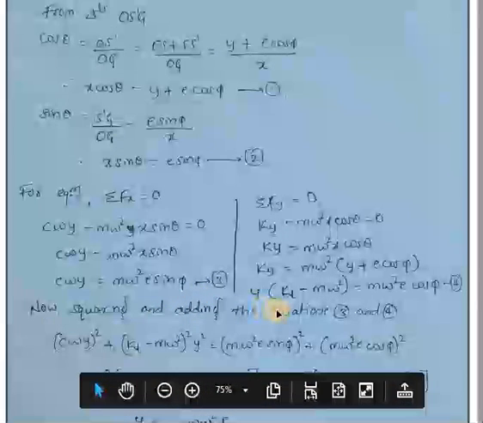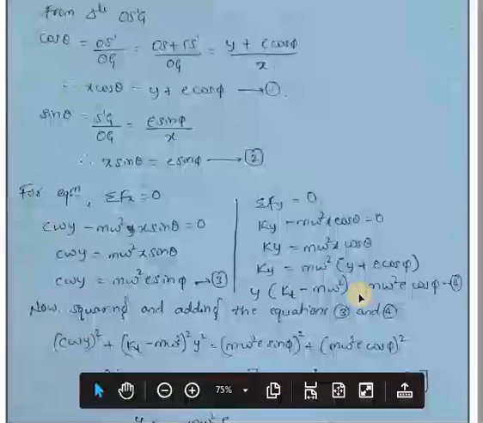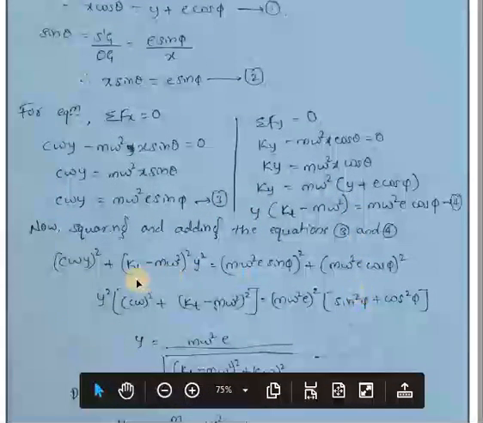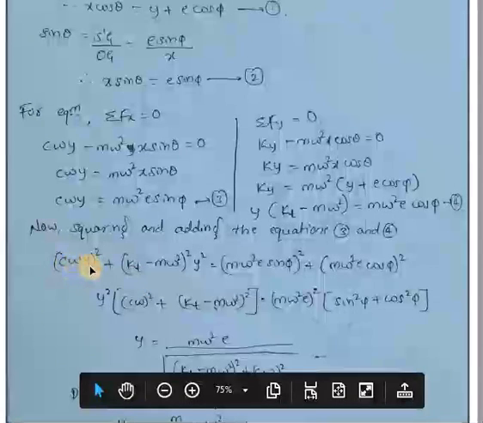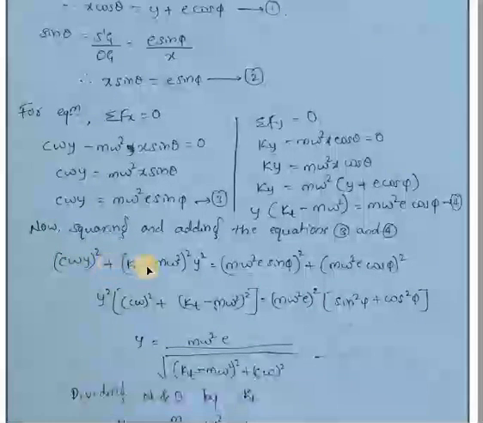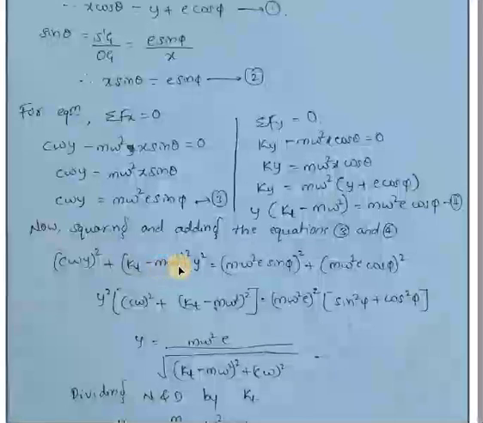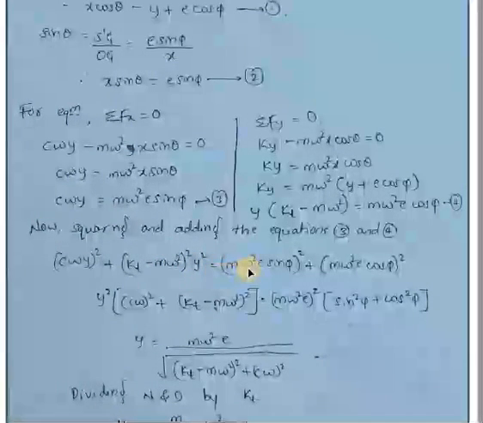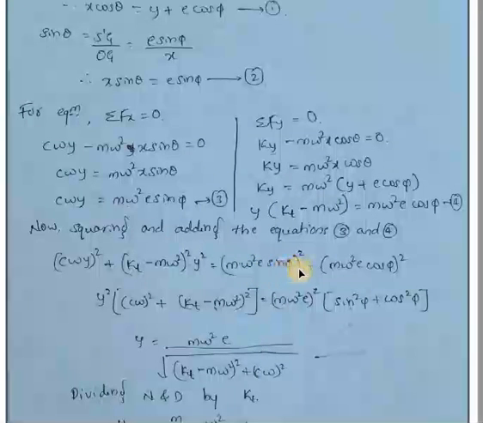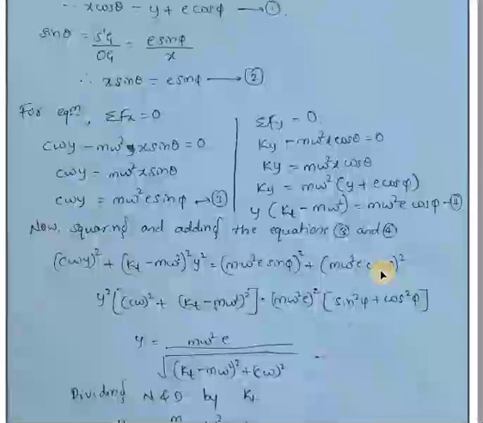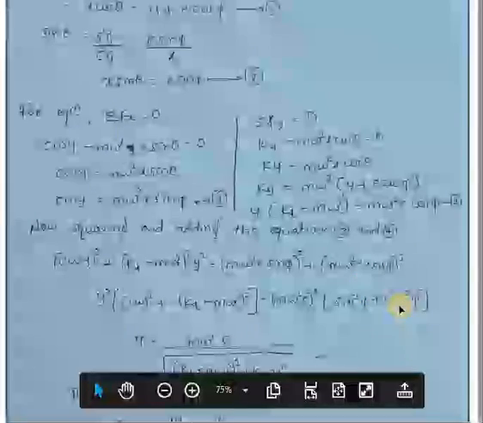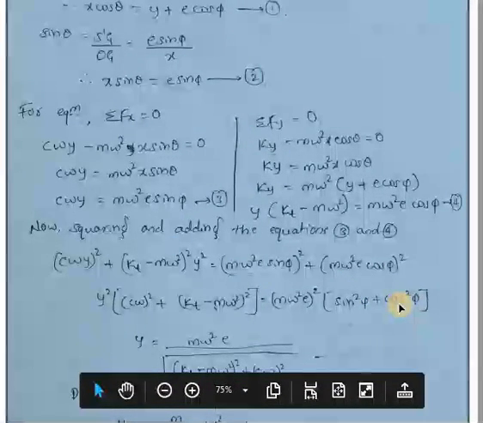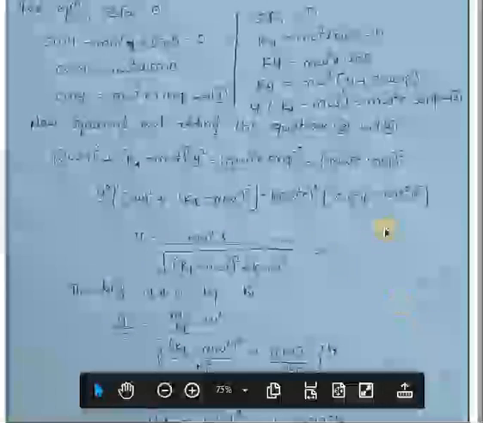Now squaring and adding equations 3 and 4, we get (c omega y) whole square plus (k minus m omega square) whole square into y square should be equal to (m omega square e sin phi) whole square plus (m omega square e cos phi) whole square. Here sin square phi plus cos square phi will be 1, so we are left with only this.